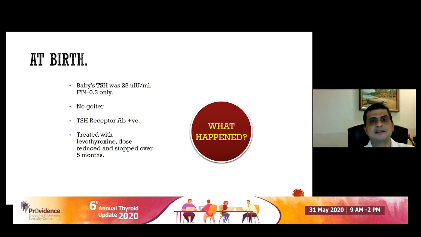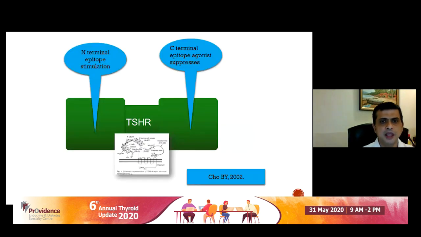The mother had thyrotoxicosis, which was TSH receptor antibody positive, and the baby had hypothyroidism, which was also TSH receptor antibody positive. So what are the possibilities here? Well, you must remember that the TSH receptor has an N terminal and a C terminal. Whenever the antibodies are directed against some of these epitopes, there is stimulation.